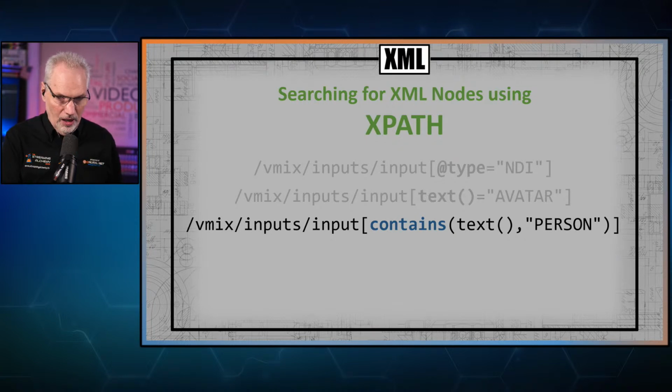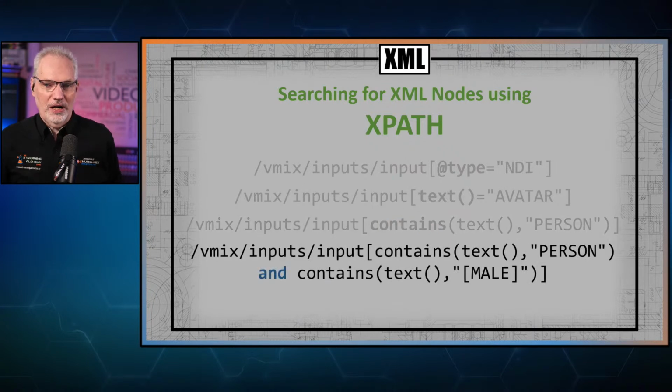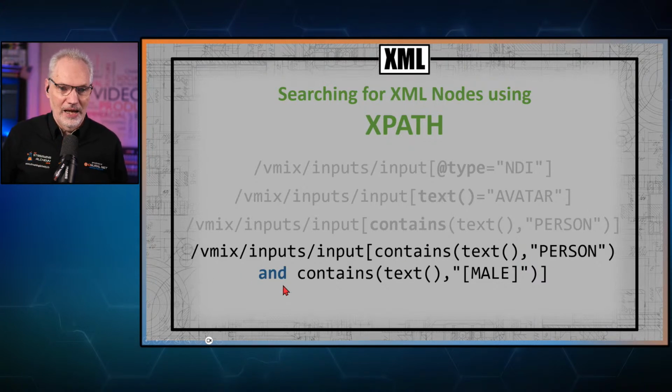And that can even get more complicated, where you can go in and say, I want to do things where I have broader numbers of conditionals. So it contains the text person, and so that's like Boolean and. They both have to be true. So this is true, and it contains the text male. That's also true.